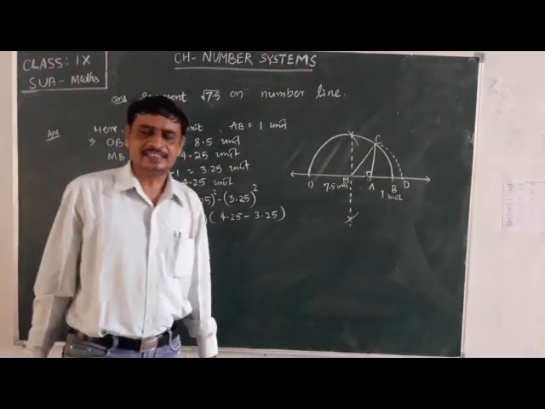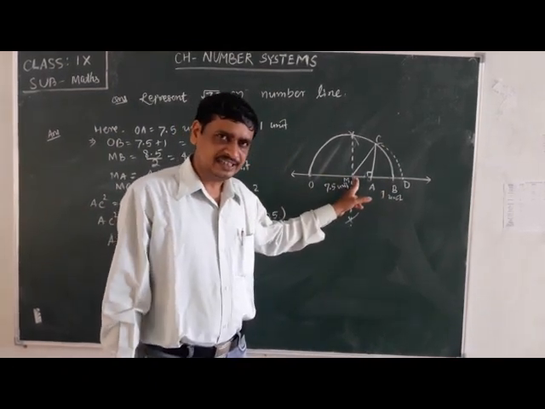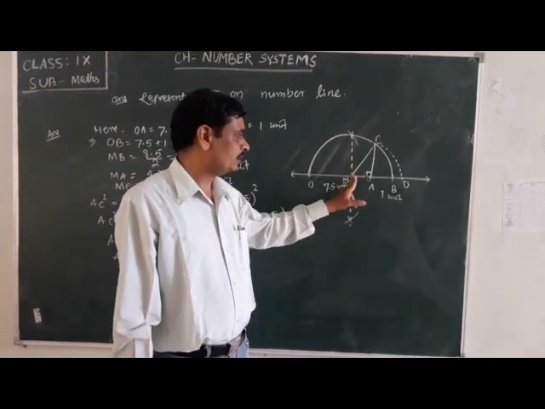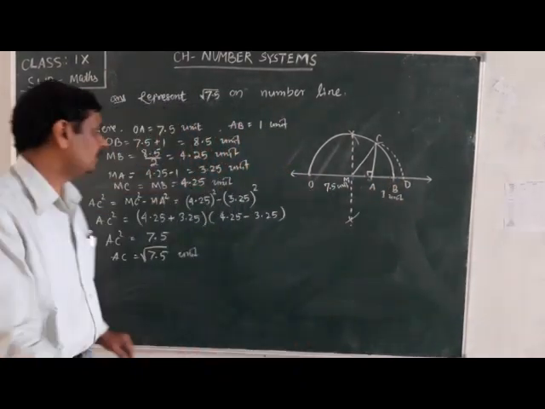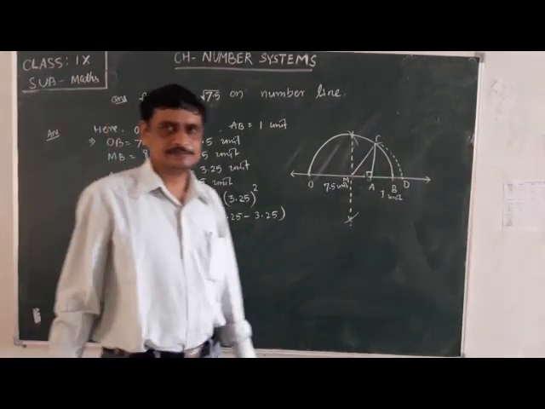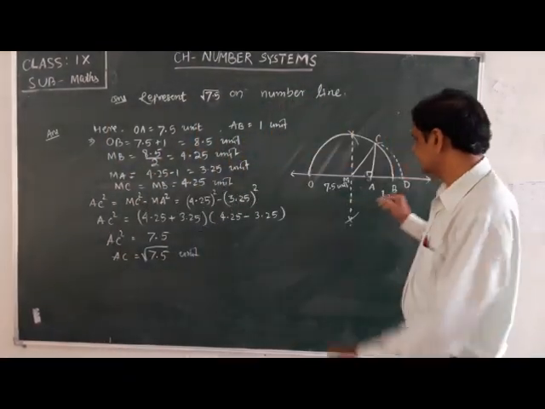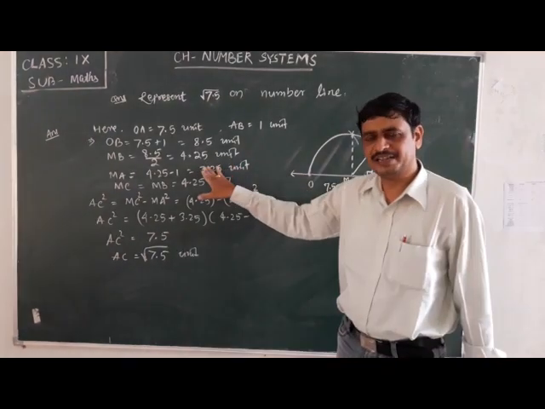After finding the midpoint of this OB, M becomes midpoint here. So length from M to B is half of OB, that is half of 8.5, which is 4.25 unit. Here this MB is 4.25 unit.